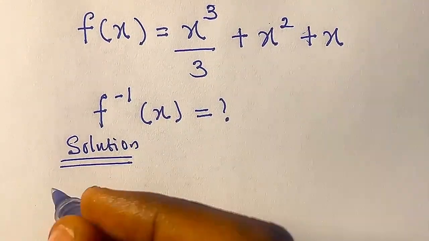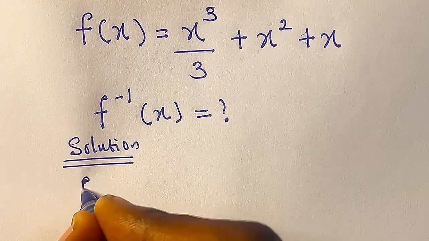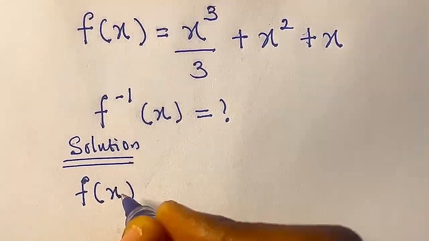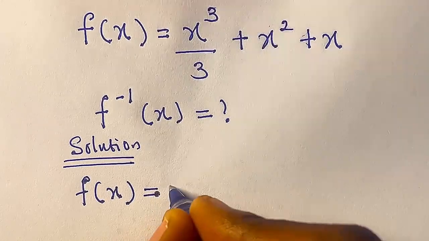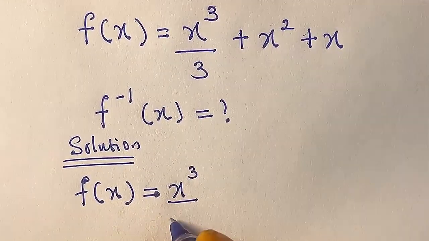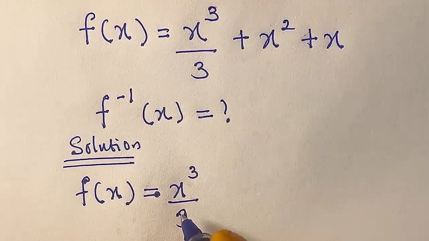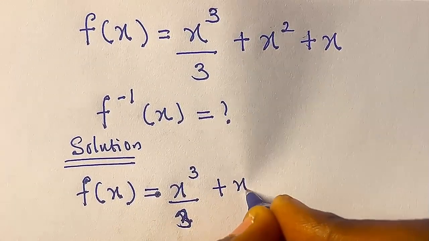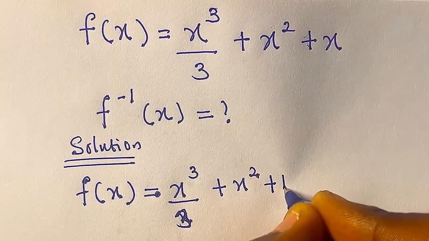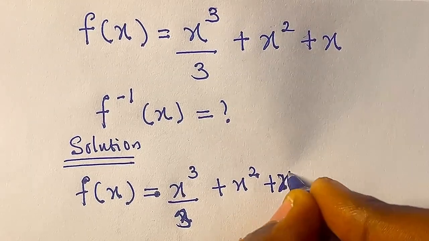So our given function is f of x equals x raised to the power 3 divided by 3 plus x raised to the power 2 plus x.